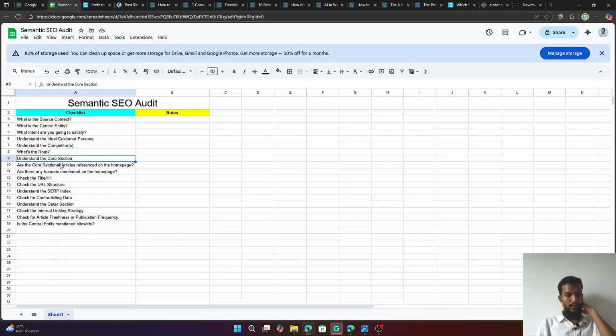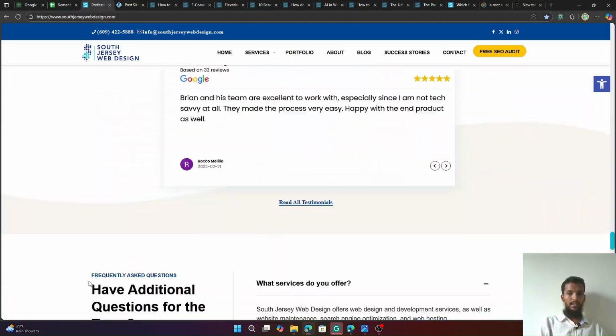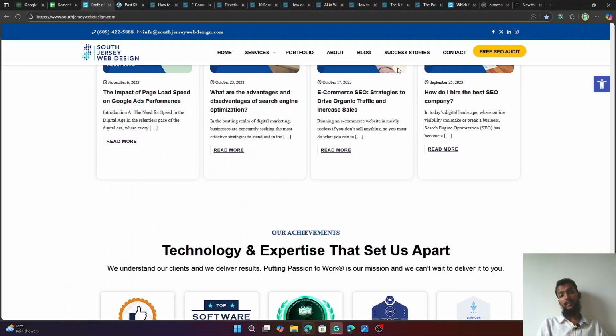So next we have: are the core sectional articles referenced on the homepage? One other thing is you have to mention your main articles, your business related or core sectional articles, on your website. I think they have done it, but the problem is, as I said, they are a web design agency from the perspective of EMD, but they actually don't have any web design related articles on their homepage, which can be weird to Google, and it can get confused.